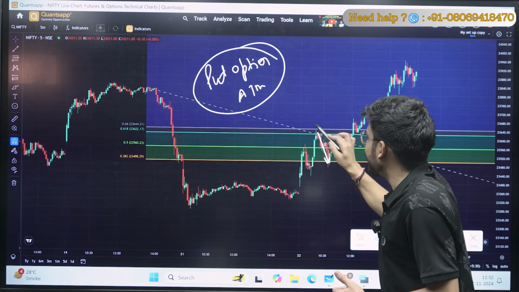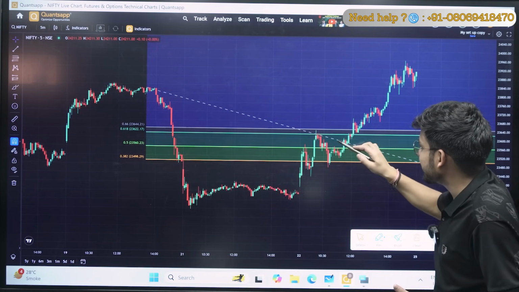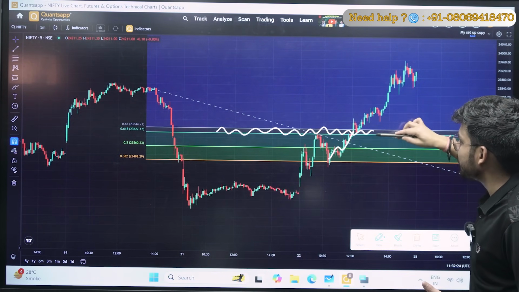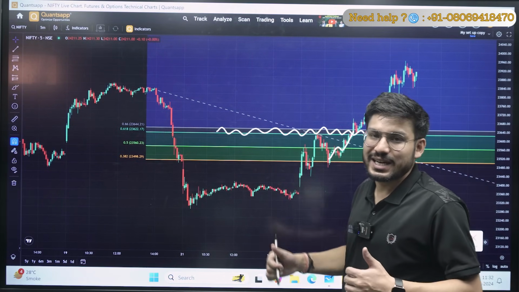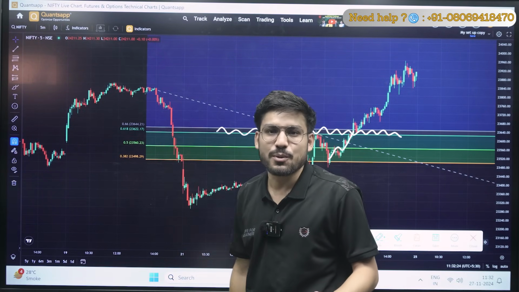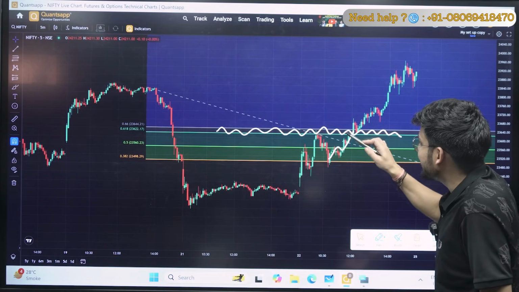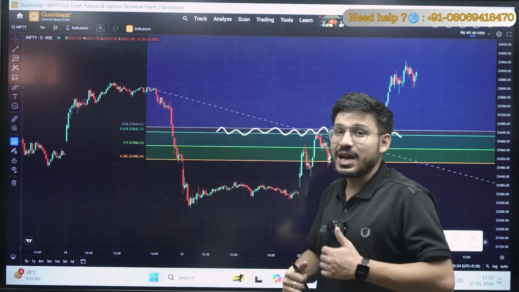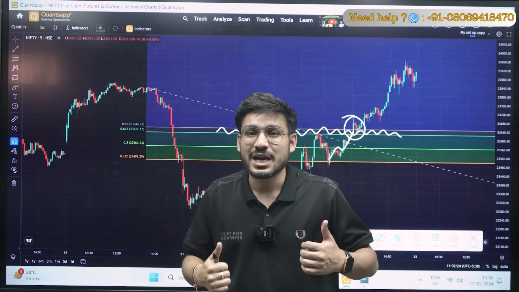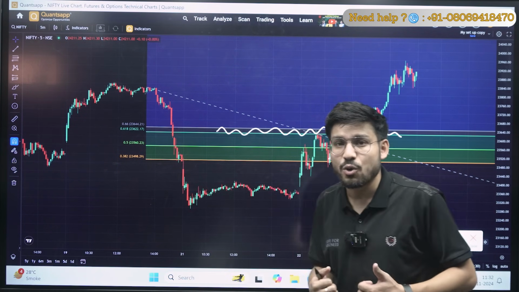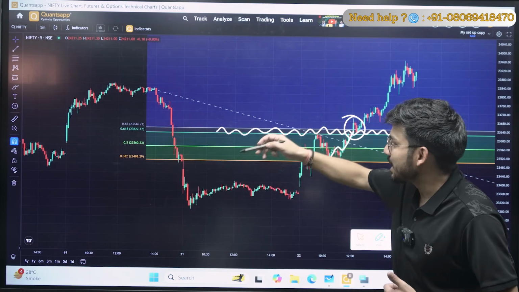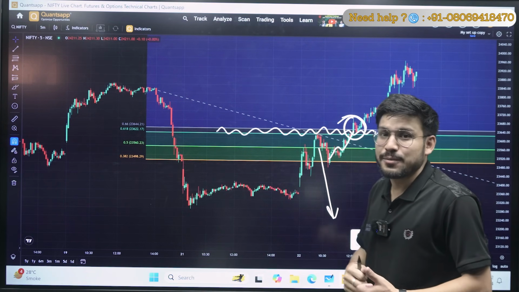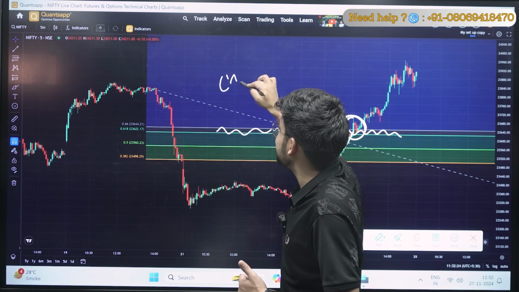Then you can see my market retraced back again, and this zone was my zone, or you can also consider it a supply zone, because my market is moving in the upward direction. When this zone was successfully broken out, at that point of time I have to change my interpretation and my direction, because until now I was analyzing from where the market will retrace back, but when this zone was broken, I know the market has changed its character.